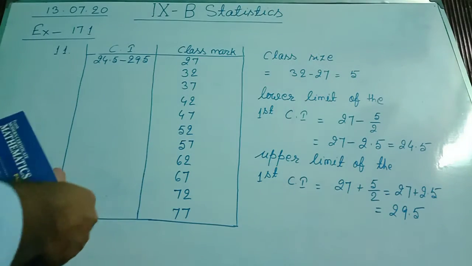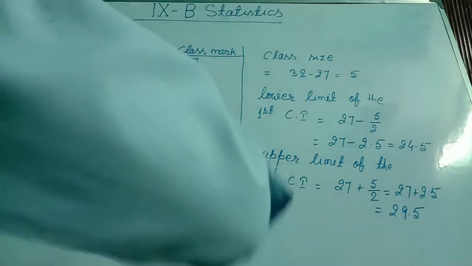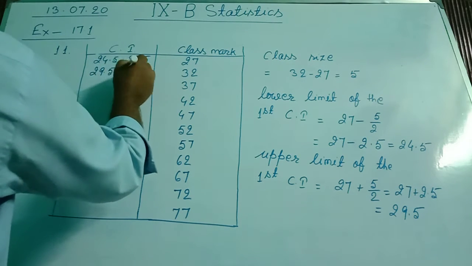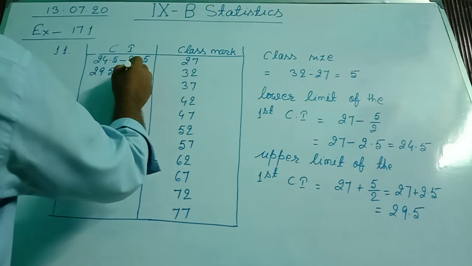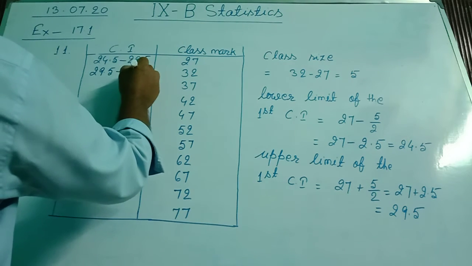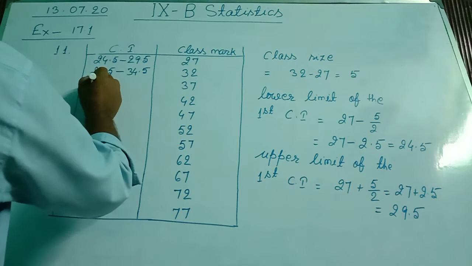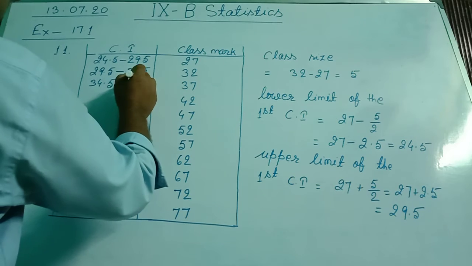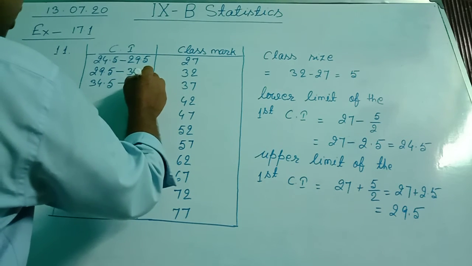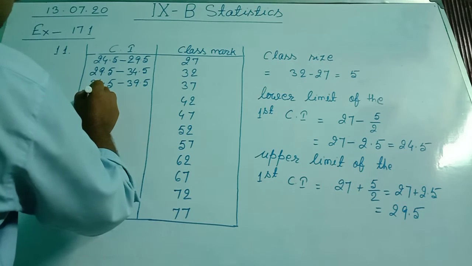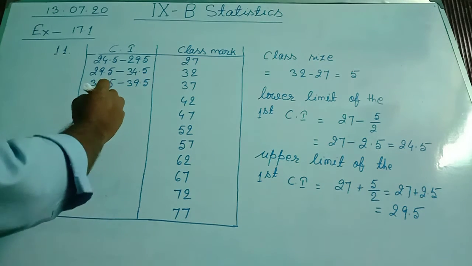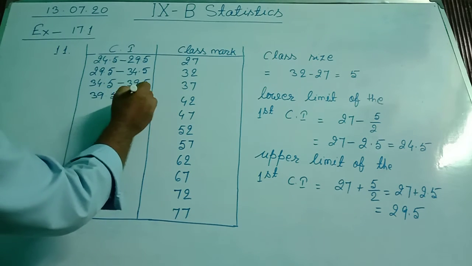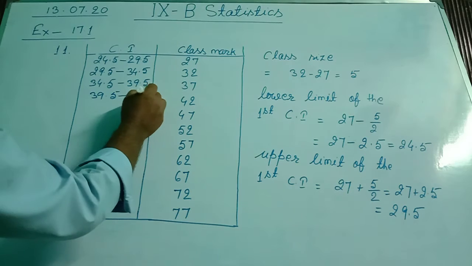We have the class size, so other classes we can prepare using that class size. Second class interval will be 29.5 plus 5, that means 34.5. Third will be 34.5 to 39.5. Next 39.5 plus 5 means 44.5.